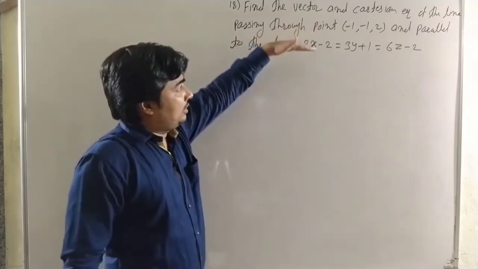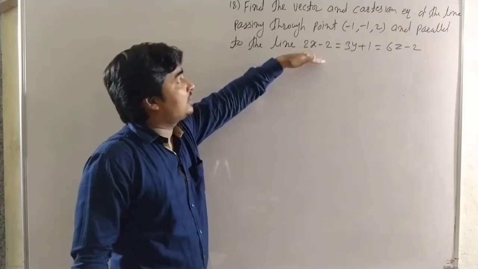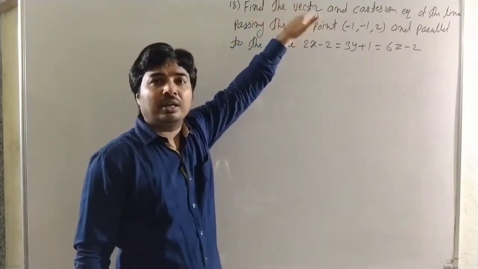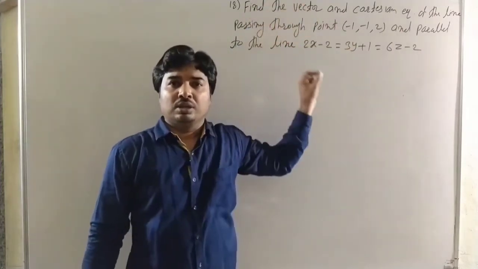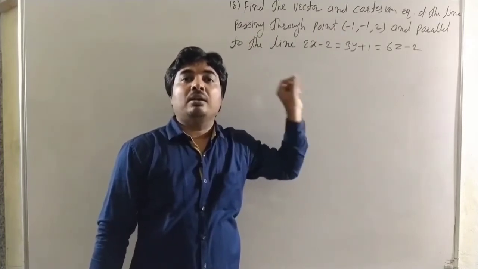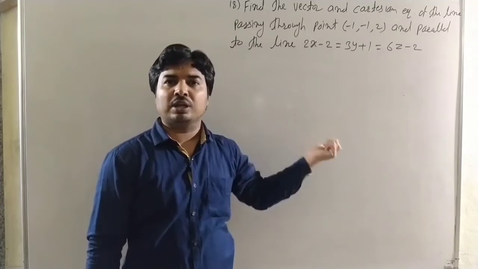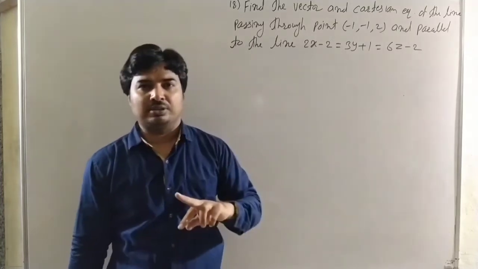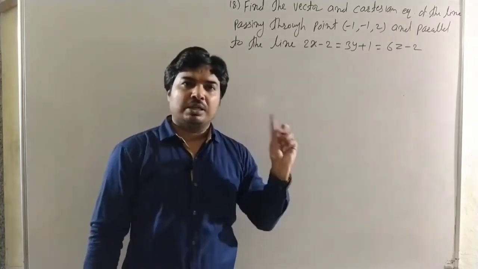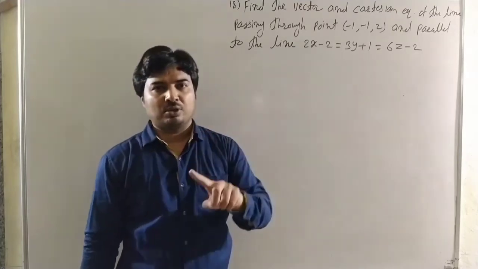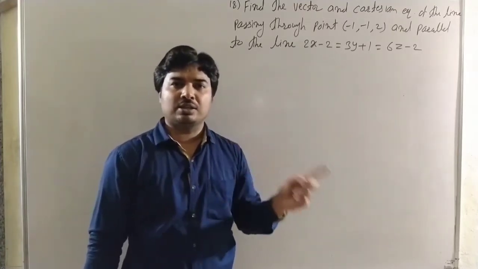First we find the direction ratios, and from these we write the parallel vector. Then we find the vector equation, that is r bar is equal to a bar plus lambda b bar, and the Cartesian equation, that is (x minus x1) upon a is equal to (y minus y1) upon b is equal to (z minus z1) upon c.